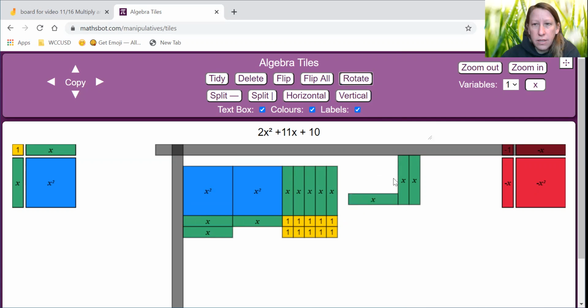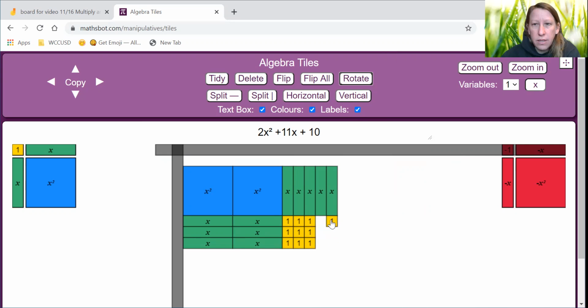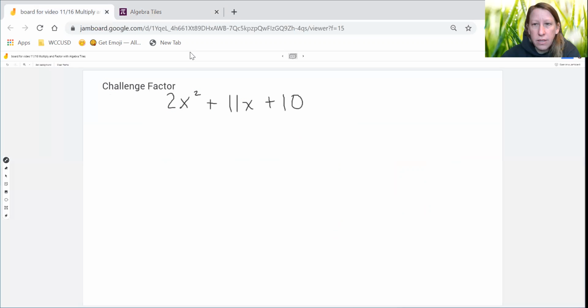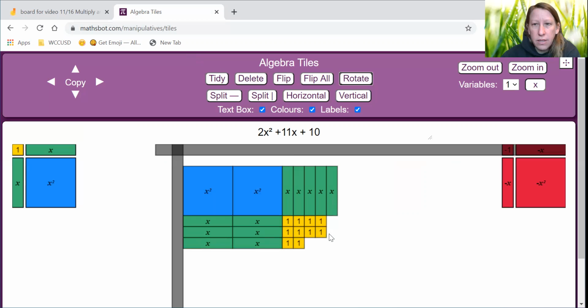So with this kind, there's more possibilities. It takes a little more work to try to figure out how this goes. So what if I put this down here? Can I put these down here? Did I copy the problem right? 2x squared plus 11x plus 10.